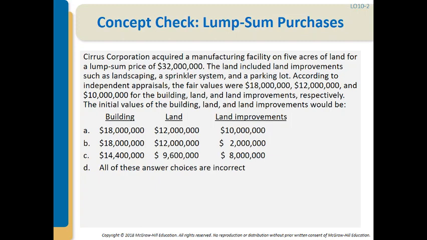So lump sum purchase price of $32 million. Independent appraisals for each item total 40 million. So you're going to divide 18 into 40, so whatever that is, for the building.